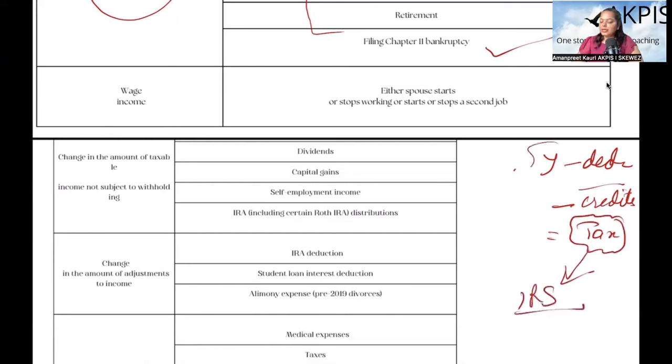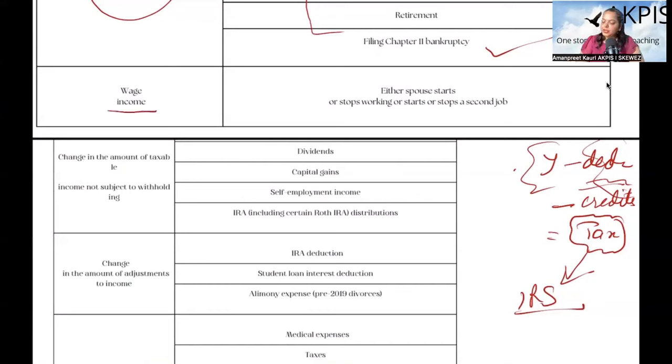So for income, deductions and credits, it's very important to check whether your lifestyle has changed: whether you are an individual, whether you are married, whether you have adopted a child, head of household status and so on.